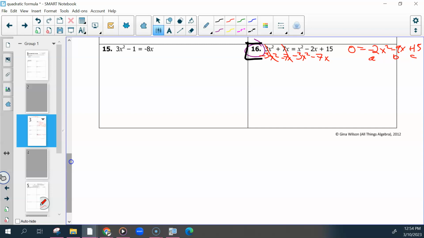Label your A, B, C, and then put it into your formula. x equals negative b, but it's already negative, so that would be a positive 9, plus or minus the square root of b squared, which would be positive 81, minus 4 times a times c, all over 2 times a.